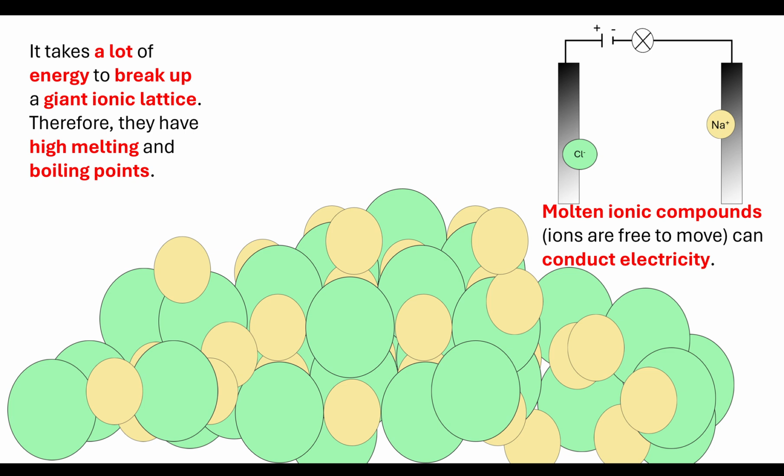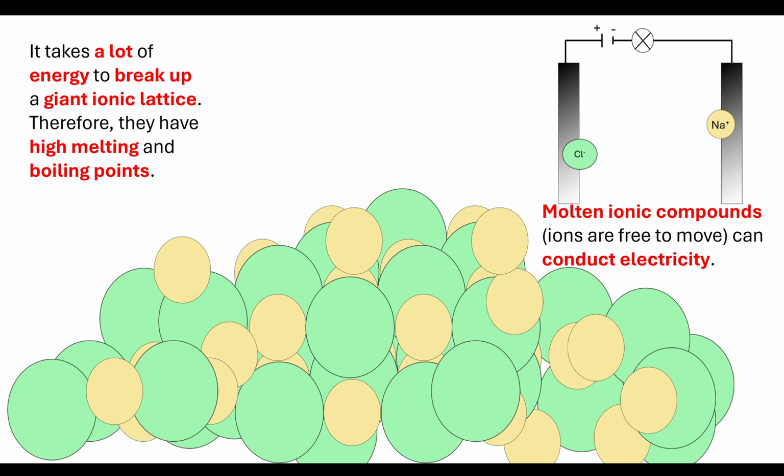And we can see that if we were putting 2 electrodes into a molten ionic compound, a liquid state of the ionic compound, the chloride ion, because it's negatively charged, would be attracted to the positive electrode, and the positive ion of sodium would be attracted to the negative electrode.